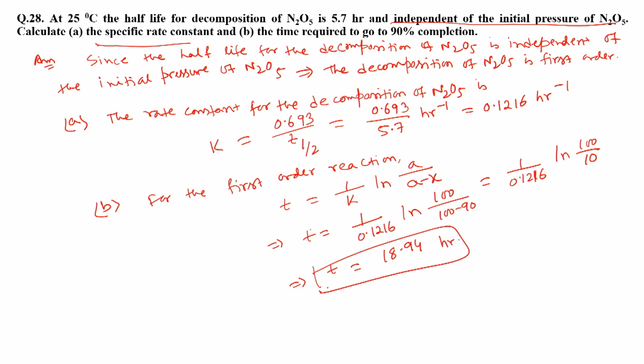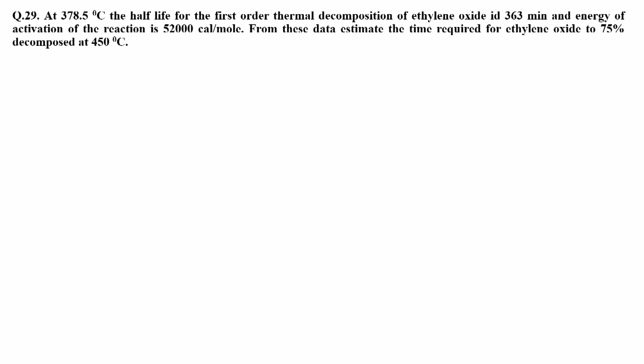This is the answer. Now, problem number 29, it says at 378.5 degrees Celsius, the half-life for the first order thermal decomposition of ethylene oxide is 363 minutes, and the energy of activation of the reaction is given as 52000 calorie per mole.